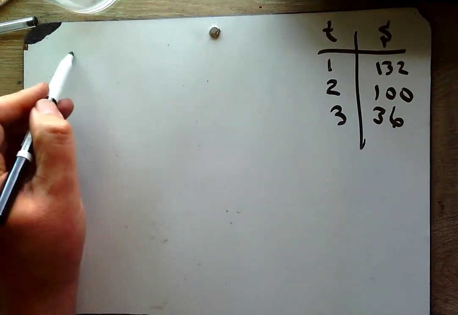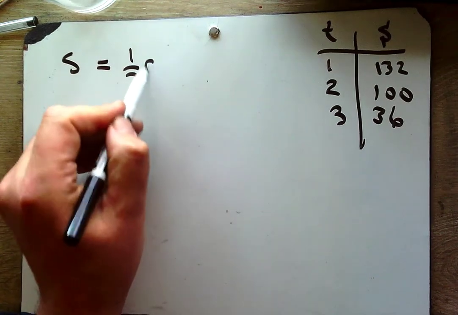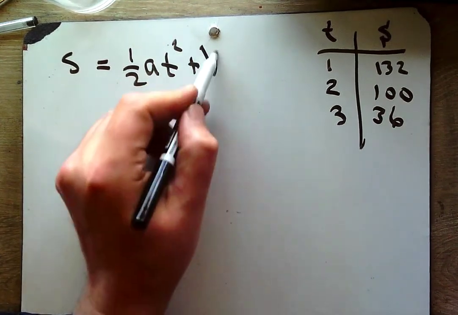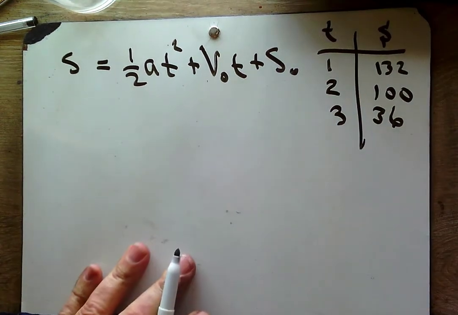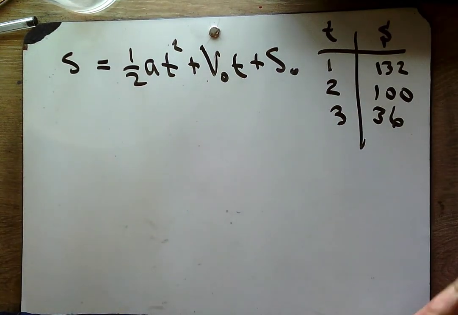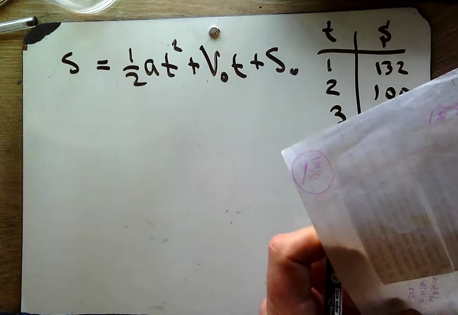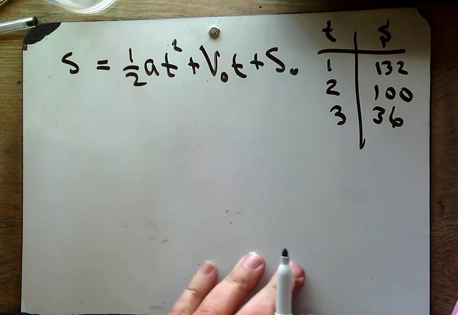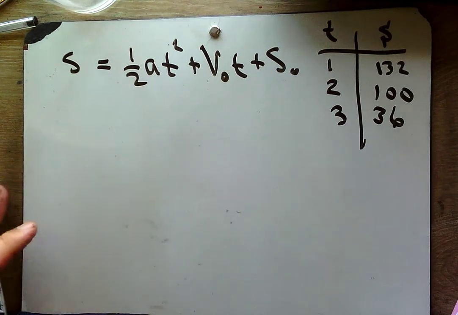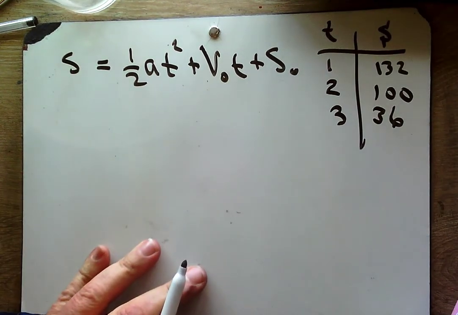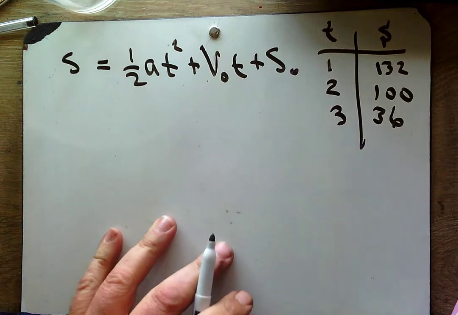Don't forget you're using S equals 1/2 A T squared plus V sub O T plus S sub O. Pause the video, give that a go. You really need to be able to do that on a test. That would be fabulous if you could do that on a test. Please do that on a test. And after this, we'll look at a couple of word problems, and then we'll be done.